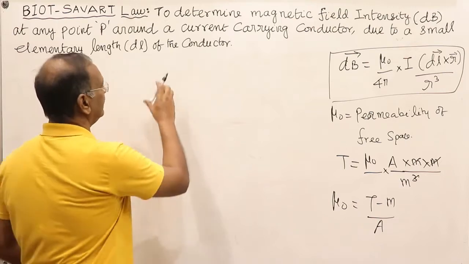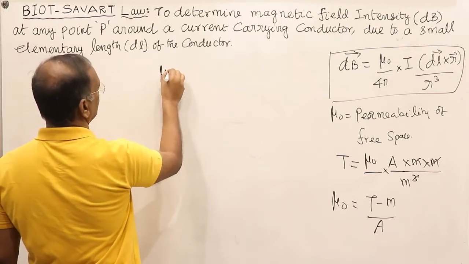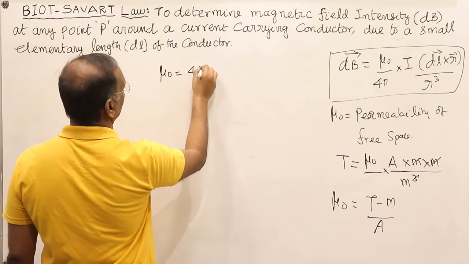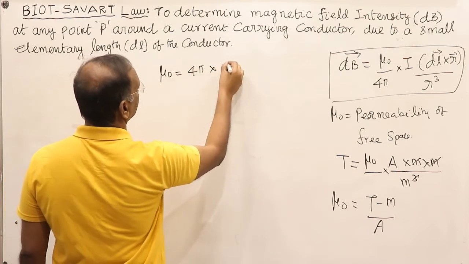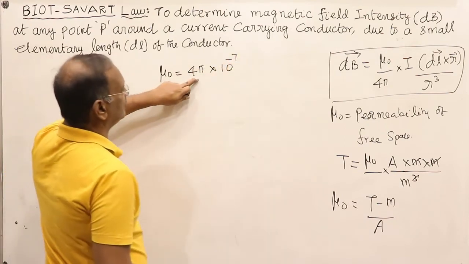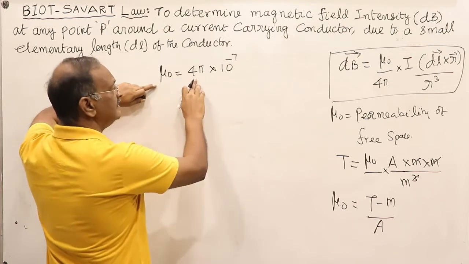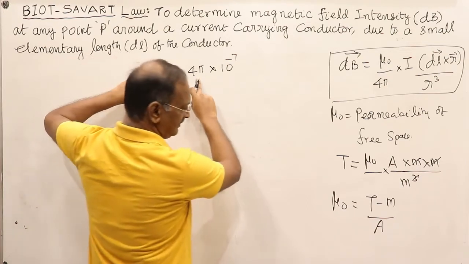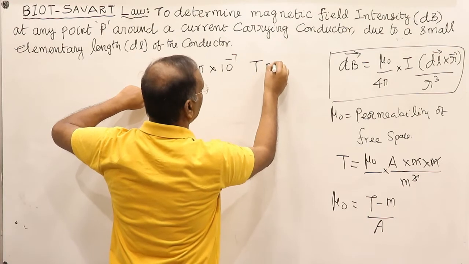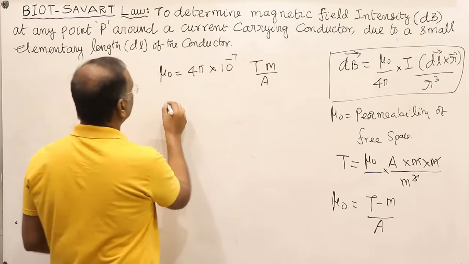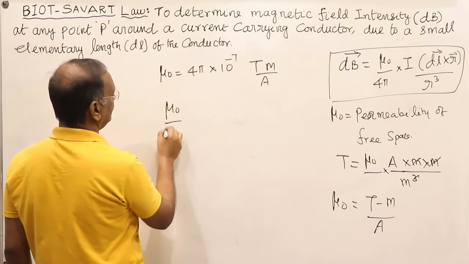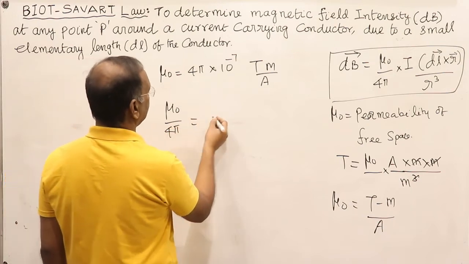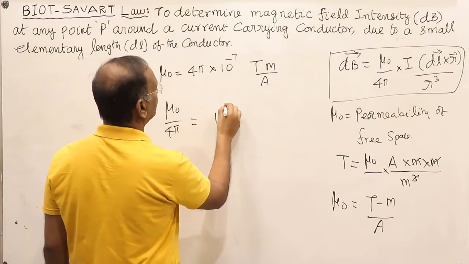And what is the value of mu naught? Mu naught is equal to 4 pi into 10 to the power minus 7. Since 4 pi does not have any unit, mu naught is in Tm by A, or mu naught by 4 pi is equal to 10 to the power minus 7.